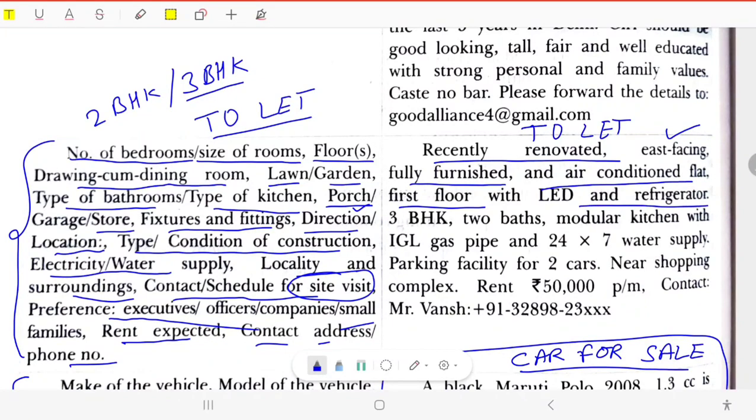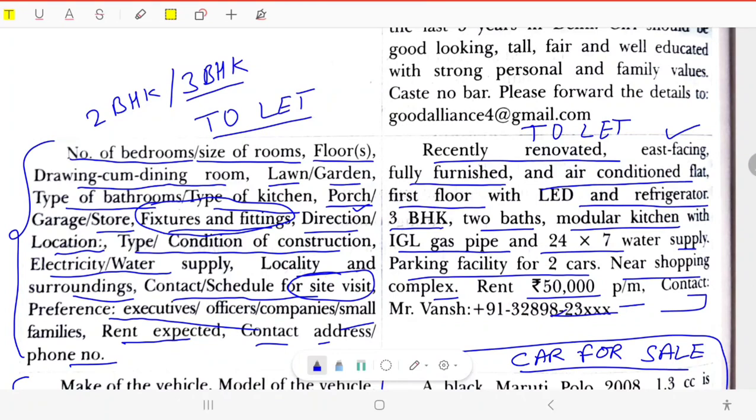These are the things which are fixtures and fittings, means these are the things which are available. 3 BHK, 2 baths, modular kitchen with IGL gas pipe and 24/7 water supply. Parking facility for 2 cars, near shopping complex. This is the rent per month, and you have to contact this person. Means all the value points have been included.